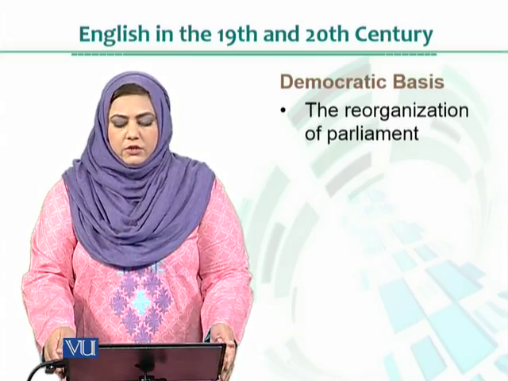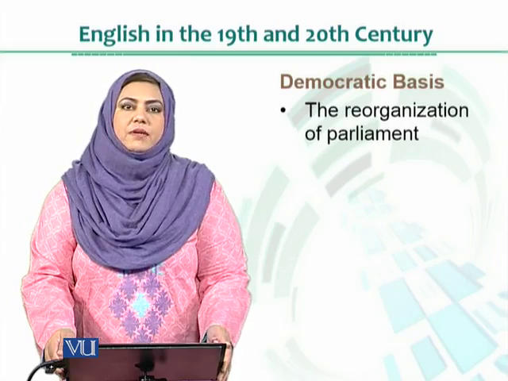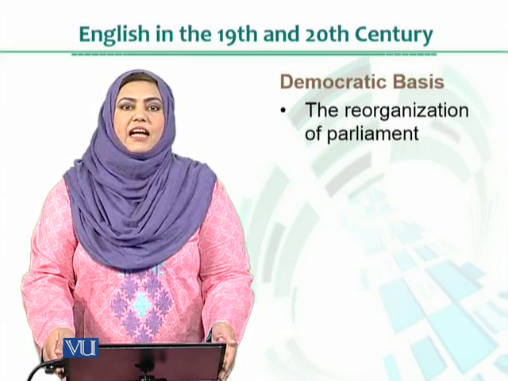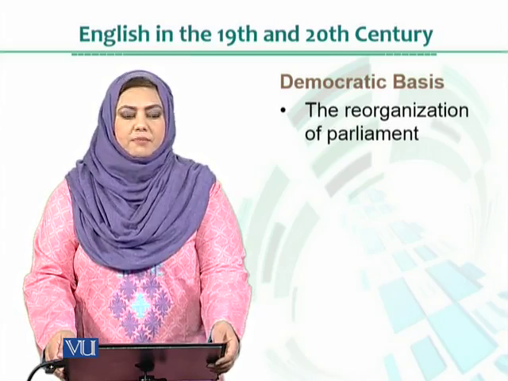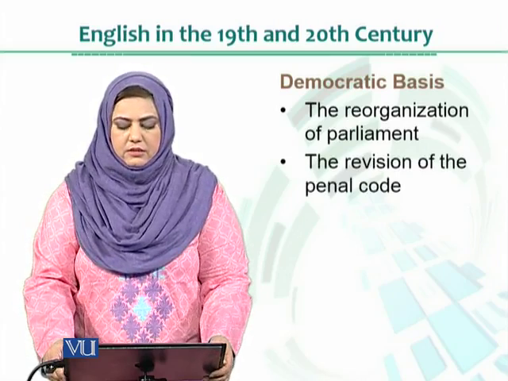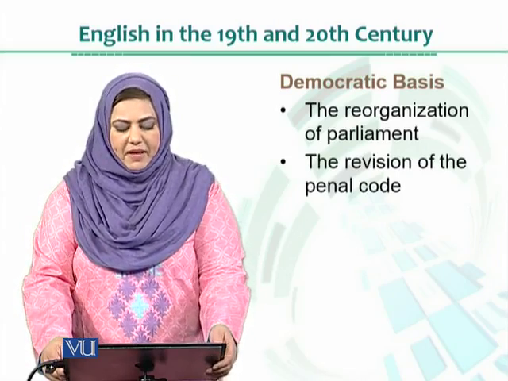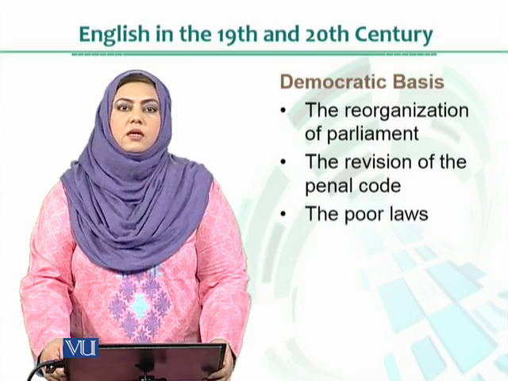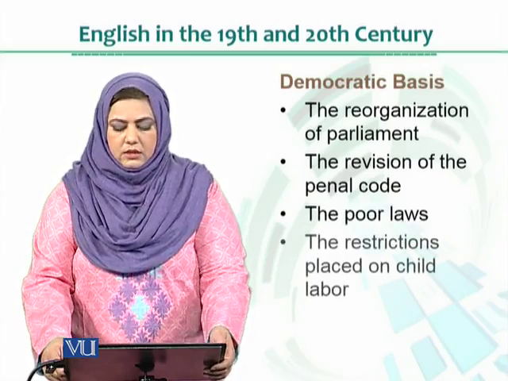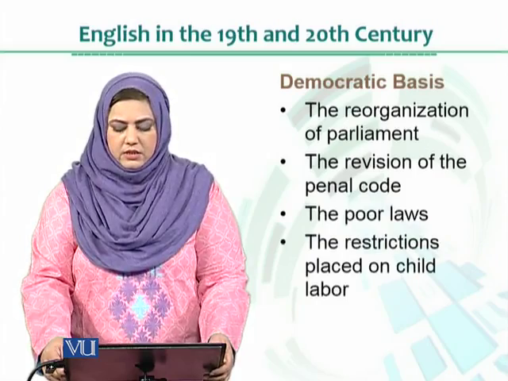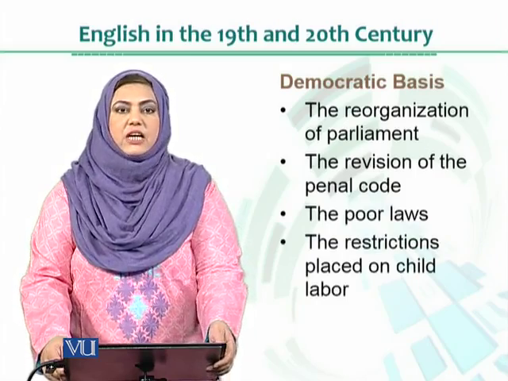First of all, the recognition of Parliament was an important step that provided a democratic basis to the country. There were revisions of the penal code, the poor laws were established, and restrictions were placed on child labor.